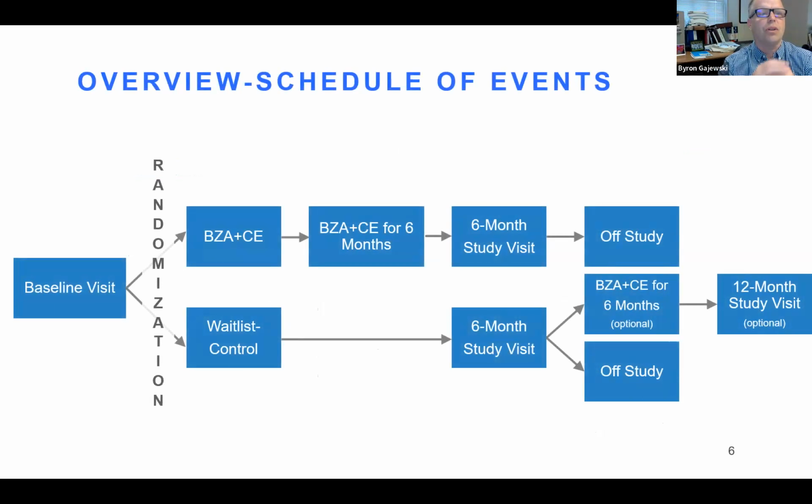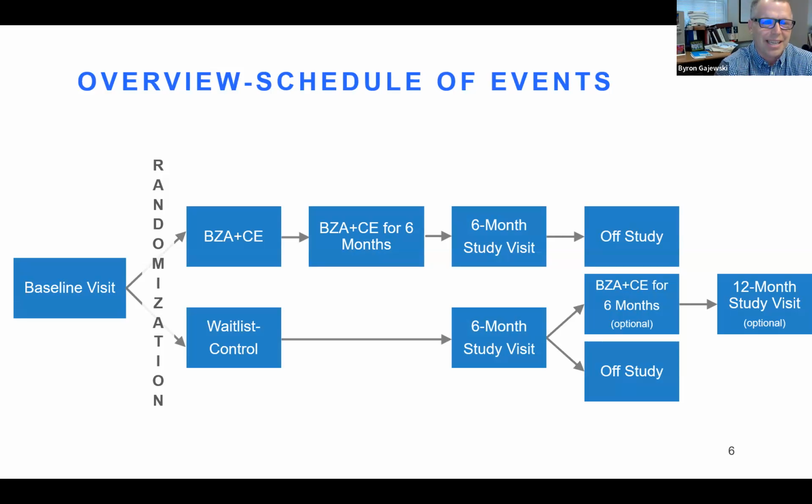So here is the schedule of events. The patient comes in, is consented, then becomes a participant, and they get a baseline visit. And then they're randomized to BZA plus CE or a waitlist control. So the waitlist control gets nothing, and then they have a 6-month study visit.